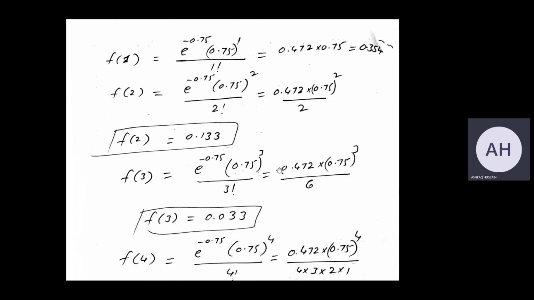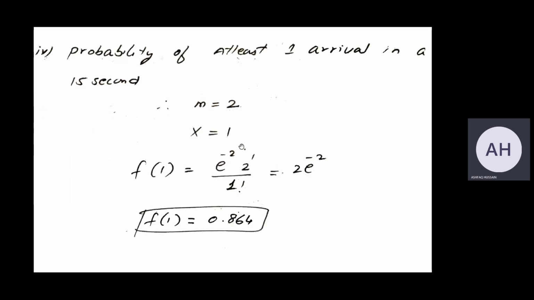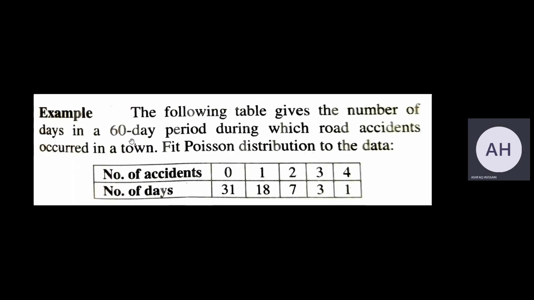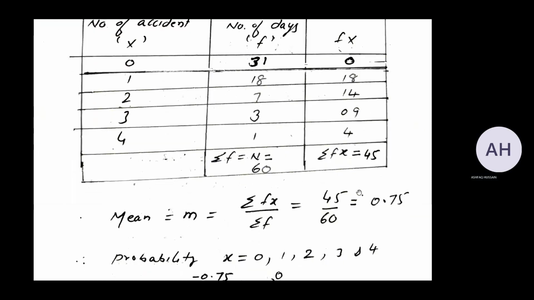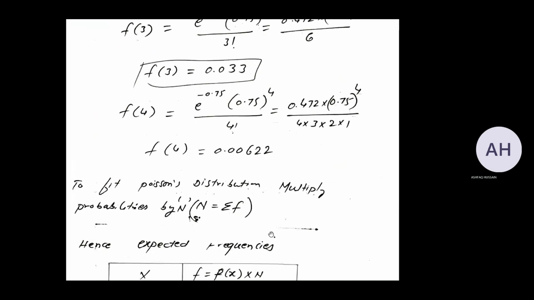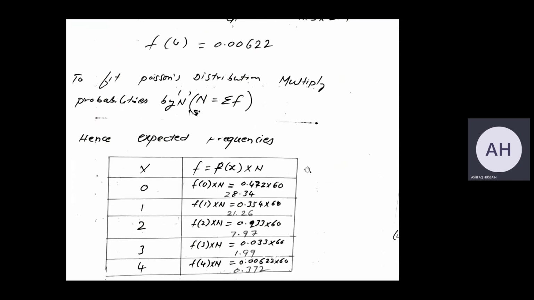The number of observations in the question is 60 days, so n is equal to 60. This is called fitting a Poisson distribution. Finally, multiply these probabilities by the number of observations n, and you will get this table. This gives the Poisson distribution for the given data.